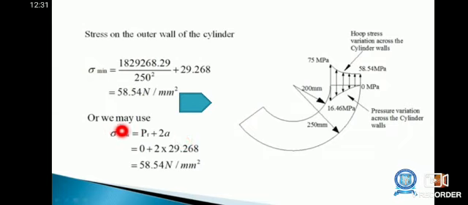Another formula we can use for the minimum stress: minimum stress equal to PR in plus 2A. PR value is 0, so 2 into 29.268 gives the same answer, 58.54 Newton per millimeter square. So you can use this alternative formula to find the minimum stress.